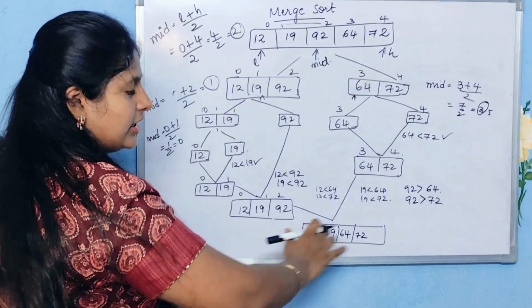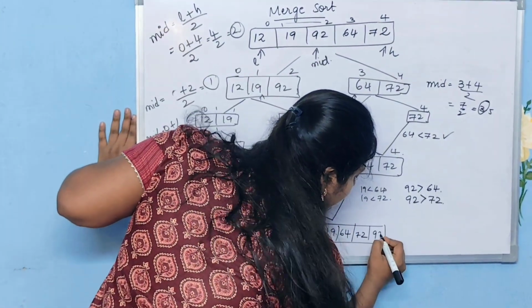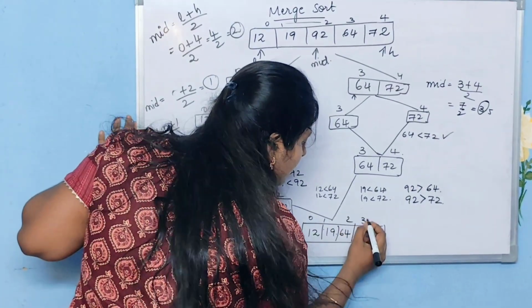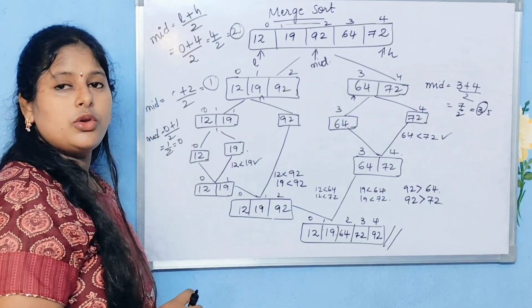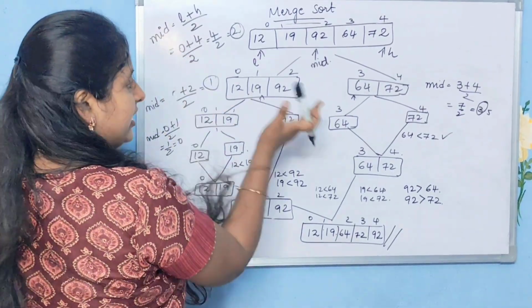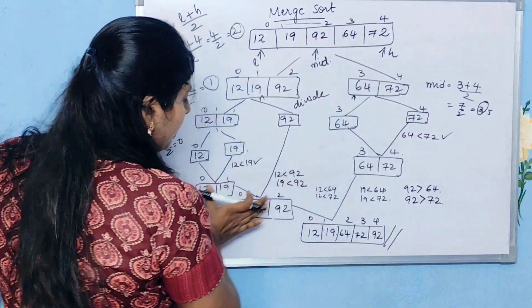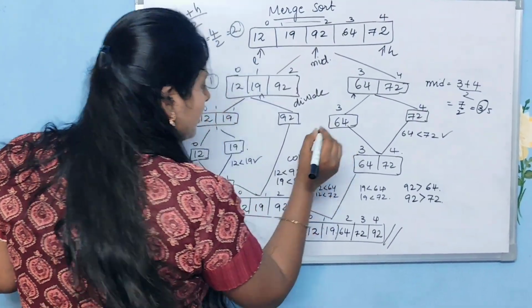From this entire array, you found that 92 is the largest element, so 92 is placed here. This is the final array. So this splitting of elements is called the divide rule, and combining elements is called conquer.